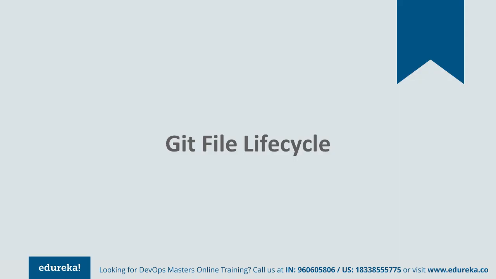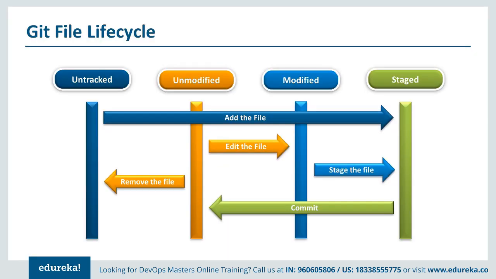Let's understand the Git lifecycle. When you first clone a repository, or when you first initialize a repository, all your files will be untracked because we have just created the repository. If we are cloning it, then all files are unmodified and tracked, because Git just checked them out and you have not edited anything.